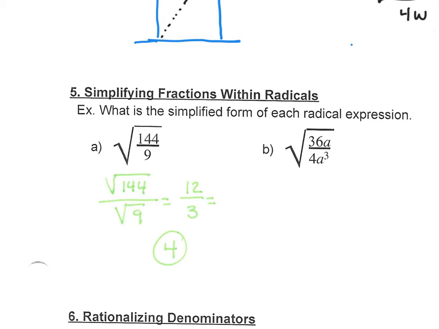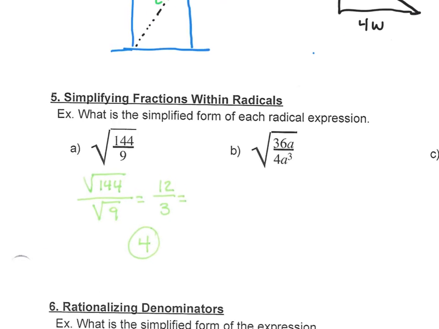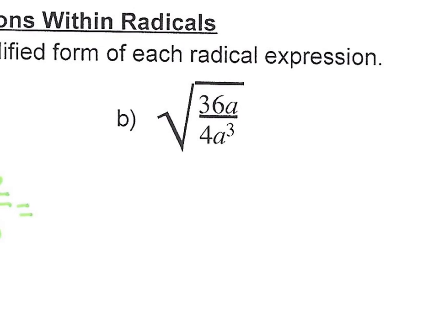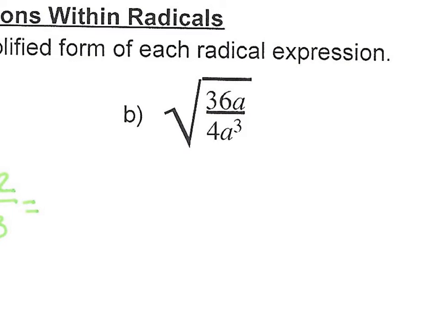Simplifying that radical. And remember, the radical is a grouping symbol, so you can simplify some to help yourself out. So what I could do here is, before I simplify, I could simplify my numbers real quick.